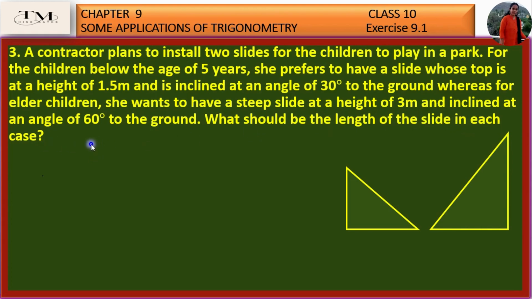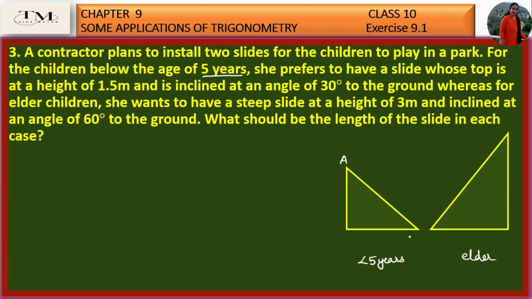So here there are two slides. The first one is for children below the age of 5 years, so this is for less than 5 years. And this slide is for elder children. For less than 5 years, what is given? She prefers to have a slide. So this is the slide.